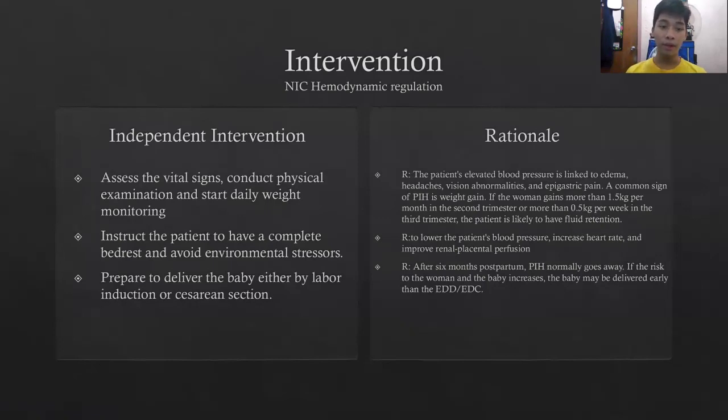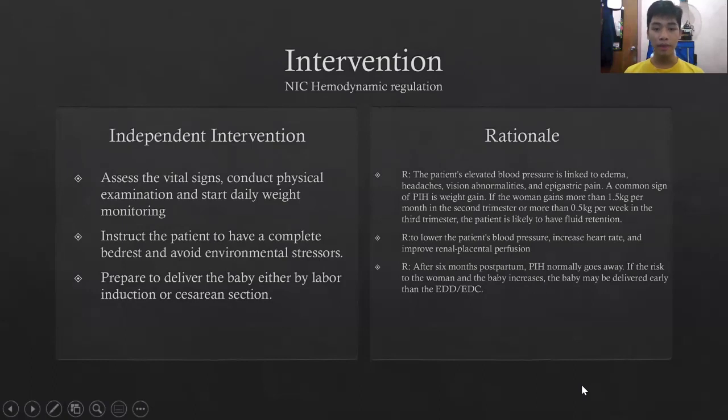For environmental stressors, we avoid annoyance around the patient. We don't want the mother to be angry, because stress increases blood pressure, so combined with hypertension, it is dangerous to the patient.